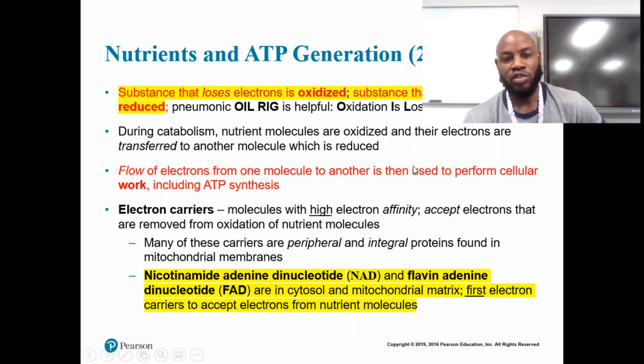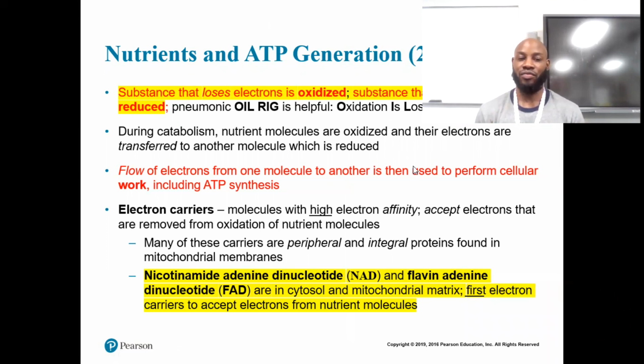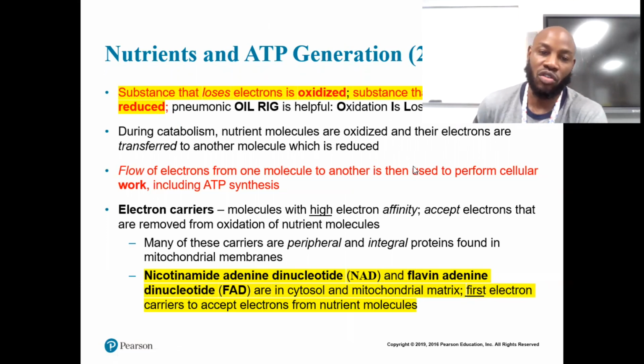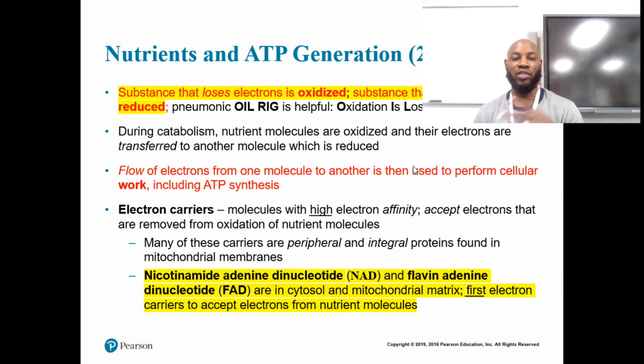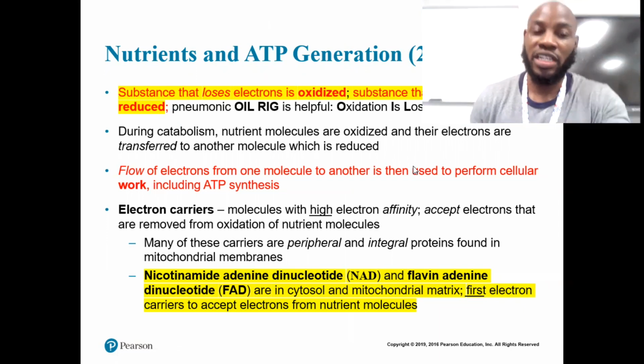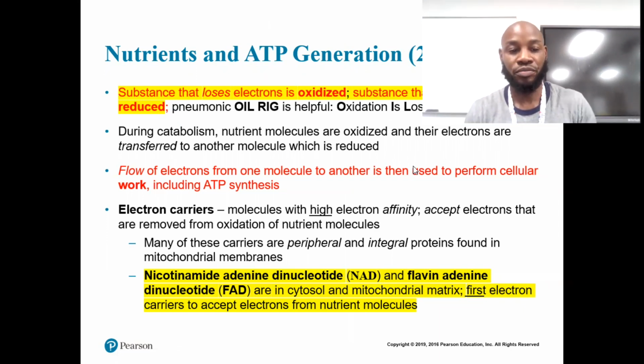Right, so during catabolism, nutrient molecules are oxidized and their electrons are transferred to other molecules. The things that we eat are catabolized, they're broken down, and then their electrons are transferred to other molecules, which are reduced. This flow of electrons, remember, electricity is basically a flow of electrons, performs work, including the synthesis of ATP.